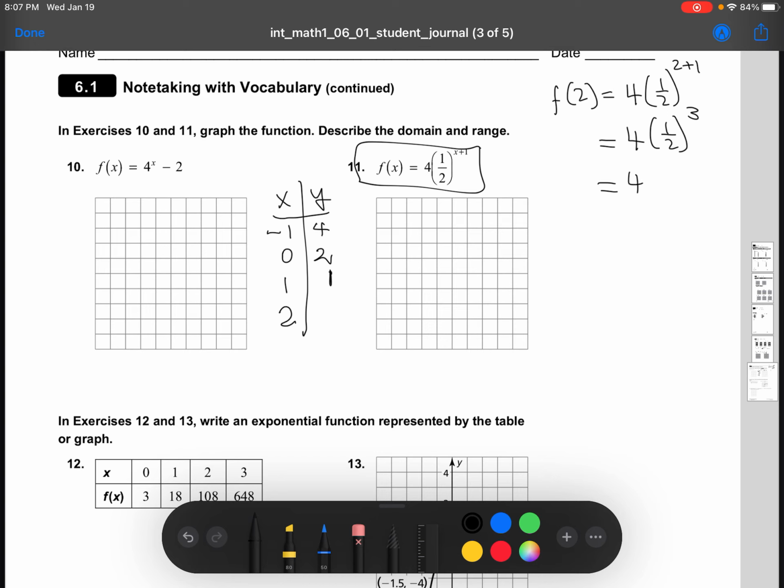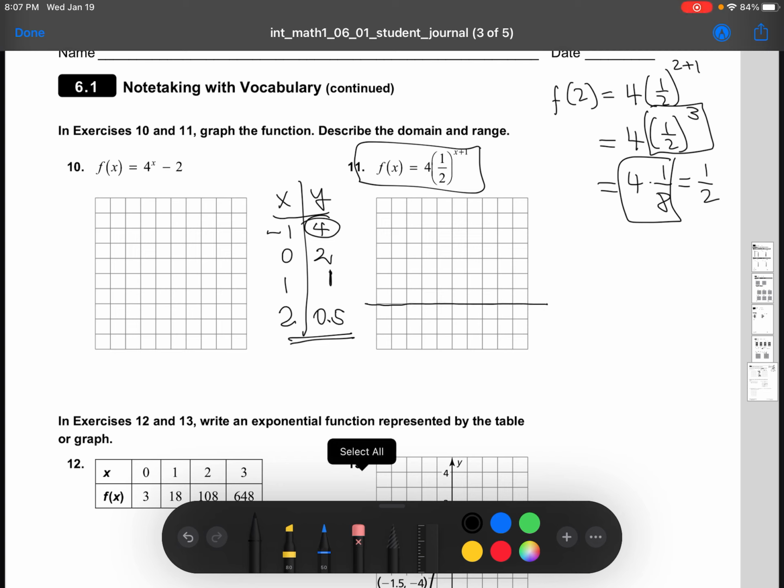If you do this with your calculator, this is going to be 1/8 times 4, which is 1/2, or 0.5, as you wish. The lowest value being 0.5 for the y's, and the highest one is going to be a 4. So we're good.